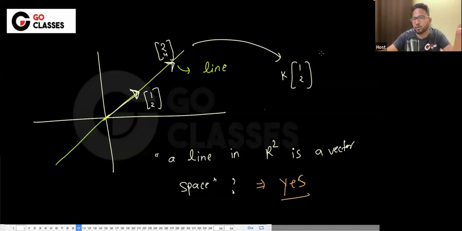Yes, it is passing through the origin. We will talk about the technical definitions later on, but it is definitely passing through the origin. If you put k equal to 0, then 0 0 is a part of this particular line.